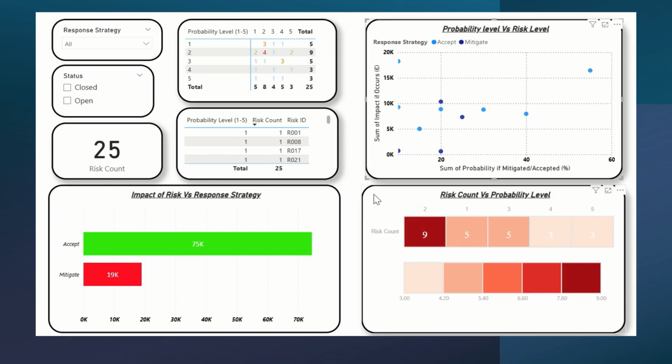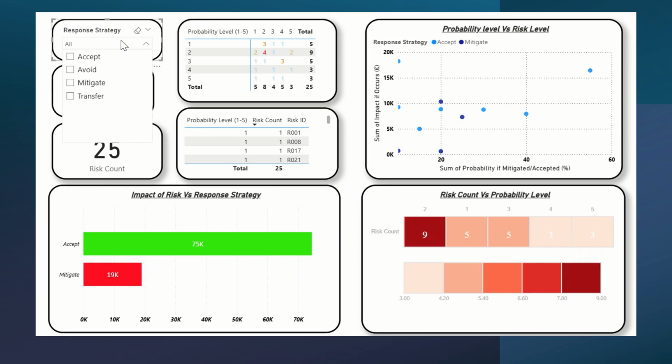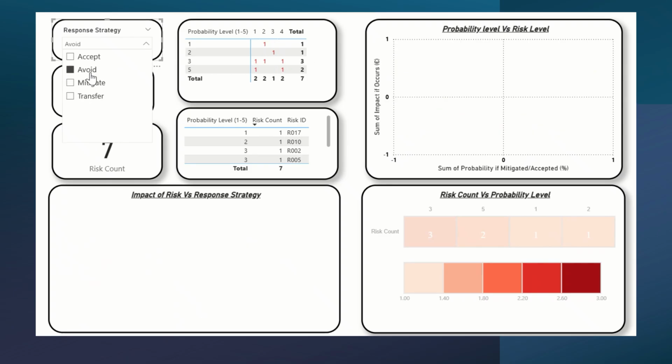So in risk management, it's important to visualize and understand the process, and what you would like to share with people. So let's try to make this work. We're going to see how many avoided we have.